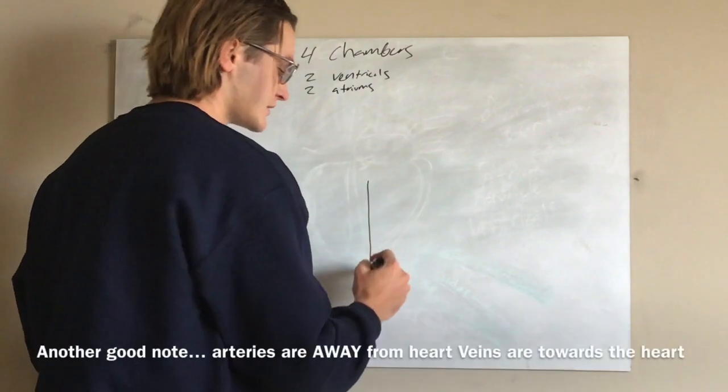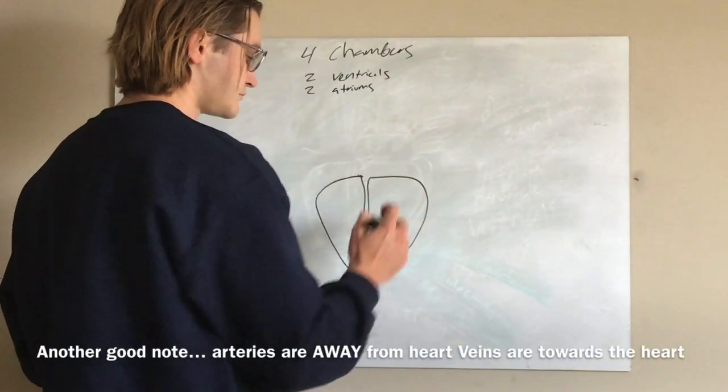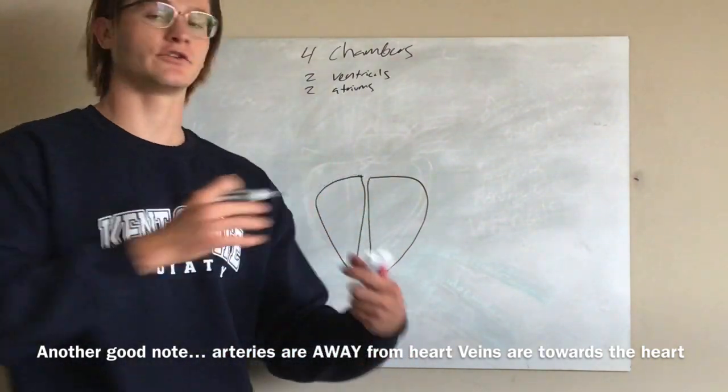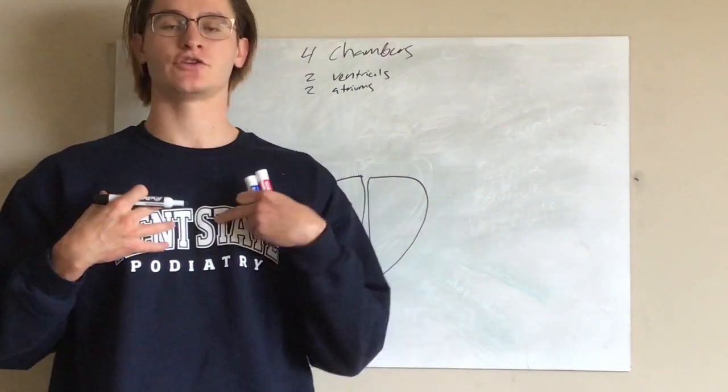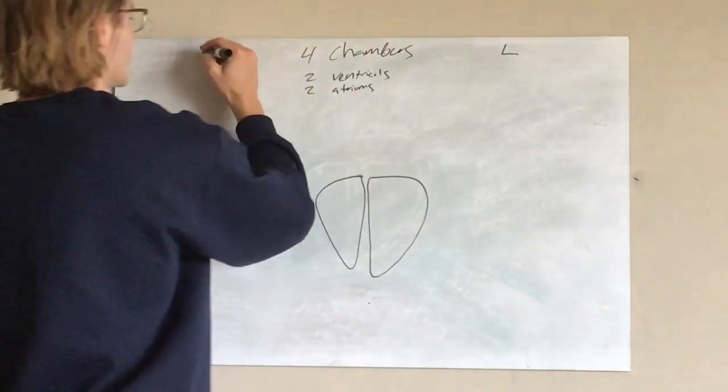To start things off, we're going to draw both ventricles of the heart. You're looking at it anteriorly, so pretend you're looking at my own heart. Left is going to be on this side, and right is going to be on this side.